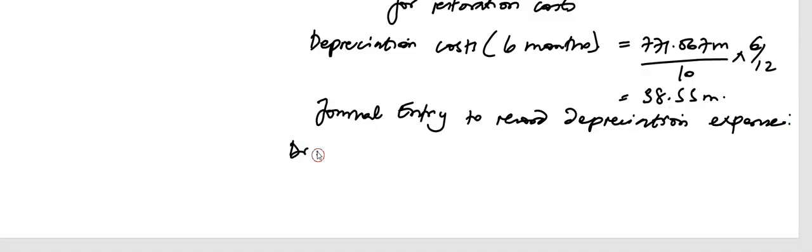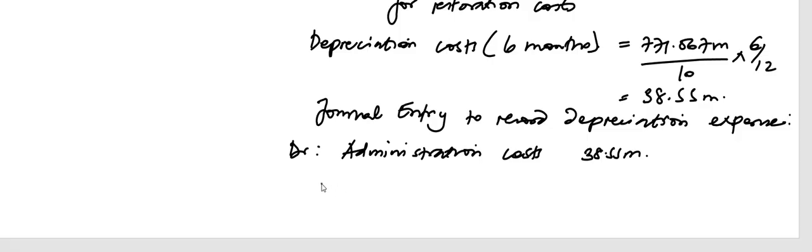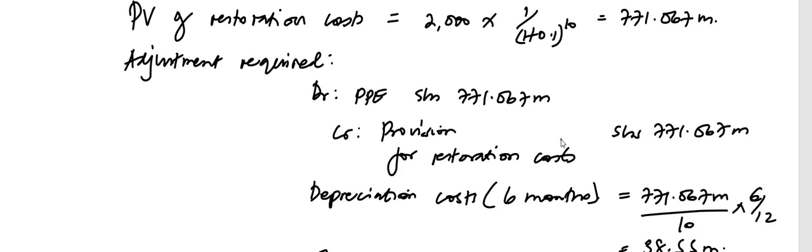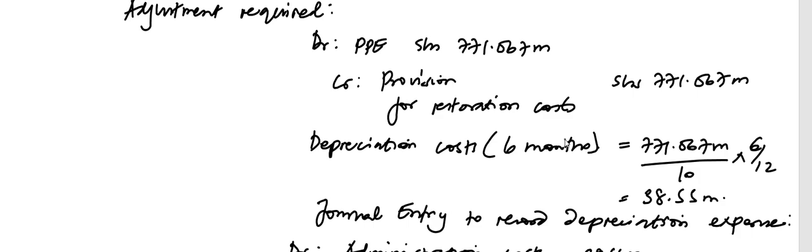So what we are going to do, you'll debit administration costs by 38.55 M. Then you have to credit accumulated depreciation by 38.55 M. So that's the depreciation adjustment.